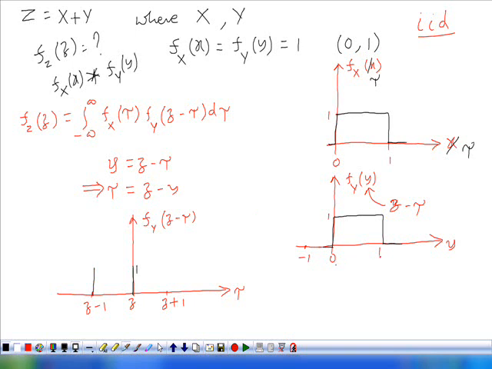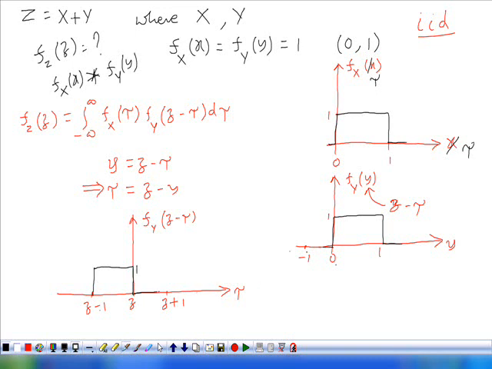Between 0 and 1 it is constant. The corresponding values are z and z minus 1, so between z and z minus 1 also it is constant. From 0 to minus 1, or minus 2, minus 3, this value is 0. The corresponding values are z, z plus 1, z plus 2 and so on.